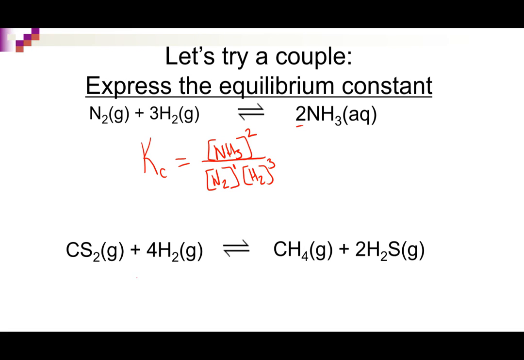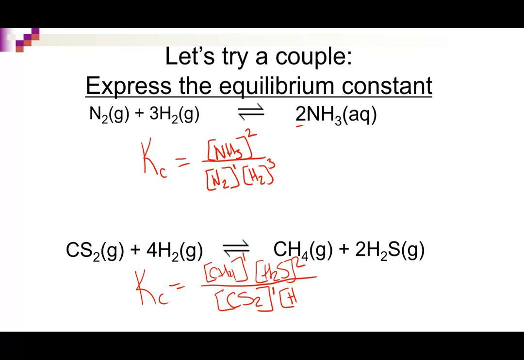For the second one, we've got equilibrium constant K is products, so CH4 to the 1, H2S squared, divided by CS2, 1, H2 to the 4th. Okay.